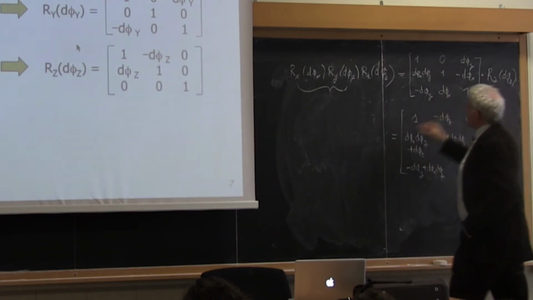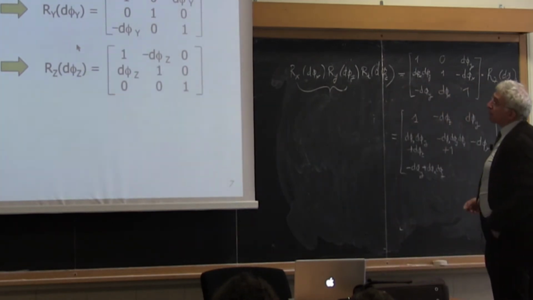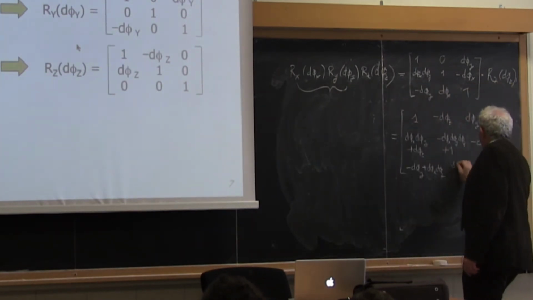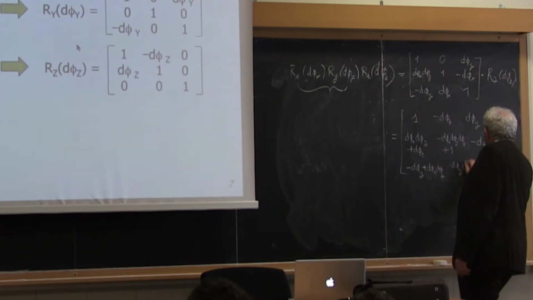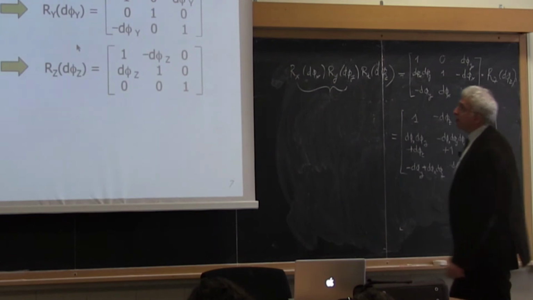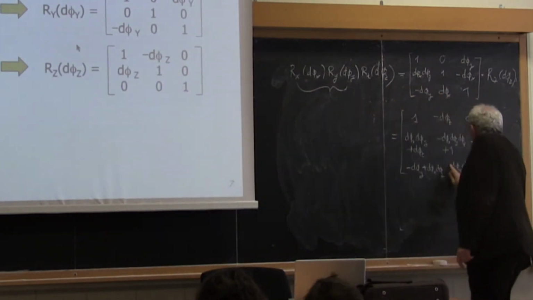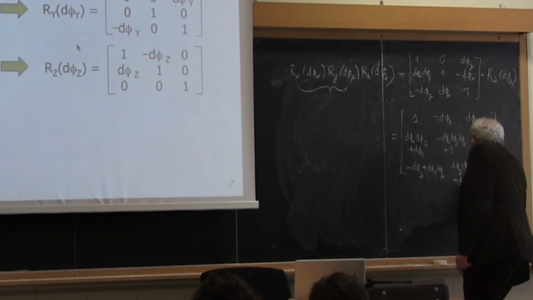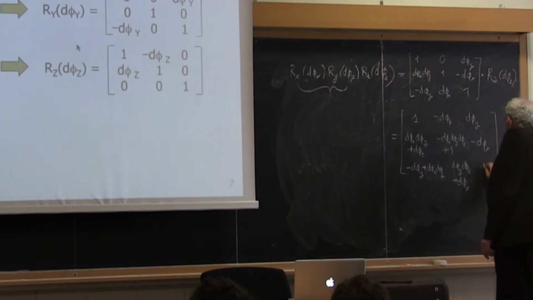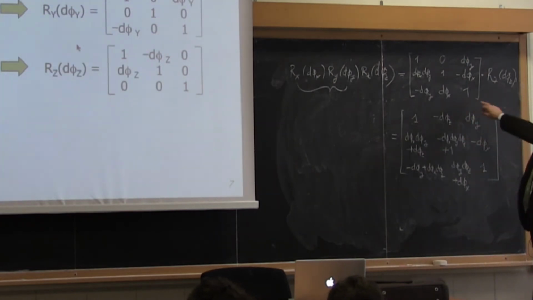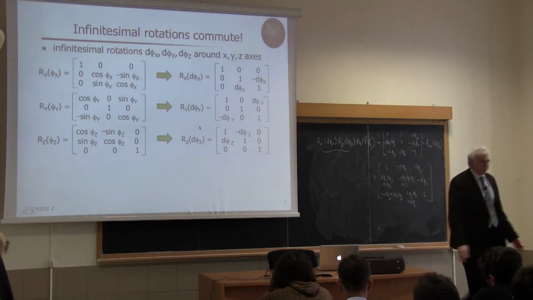Then second column gives d phi y d phi z with the plus sign, and then plus d phi x. And finally, and this is easy, just a 1 here. Huh? This times this. Okay? Oof, never again.